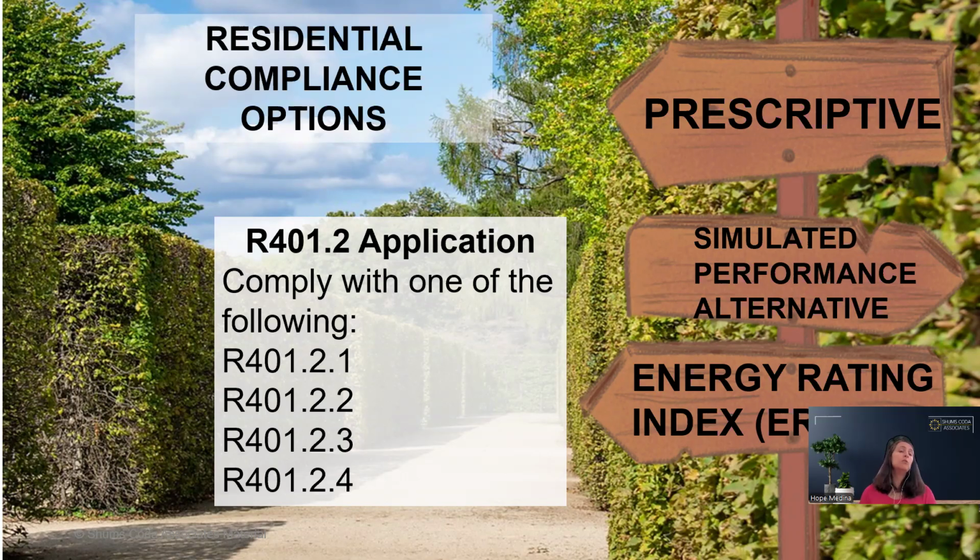If we go into R401.2, this is the section that tells us you need to comply with one of the following. Our choices are R401.2.1 all the way through R401.2.4.